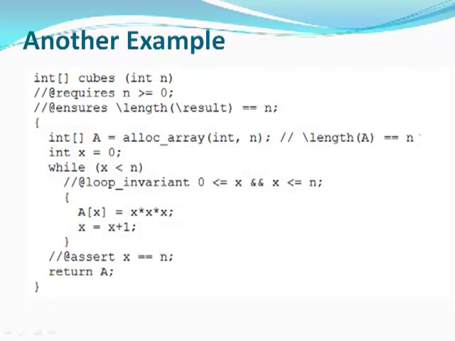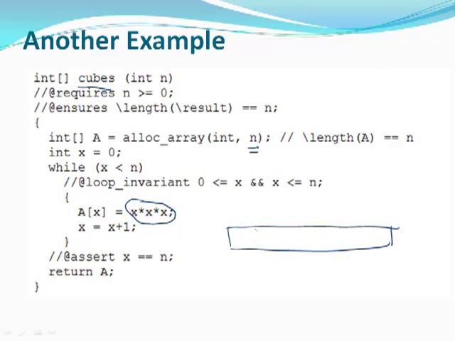Here's another example of an array, where we have a function called cubes. What it does is allocate an array of n integers and initialize each element of the array to its cube. Let's assume that n is 2.